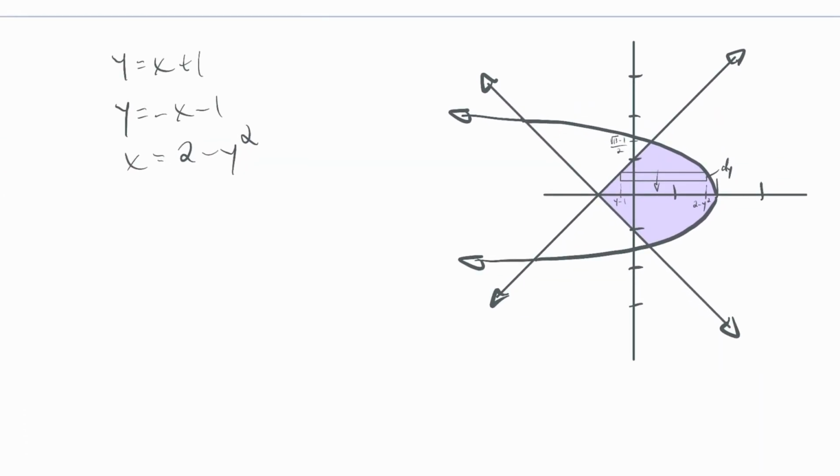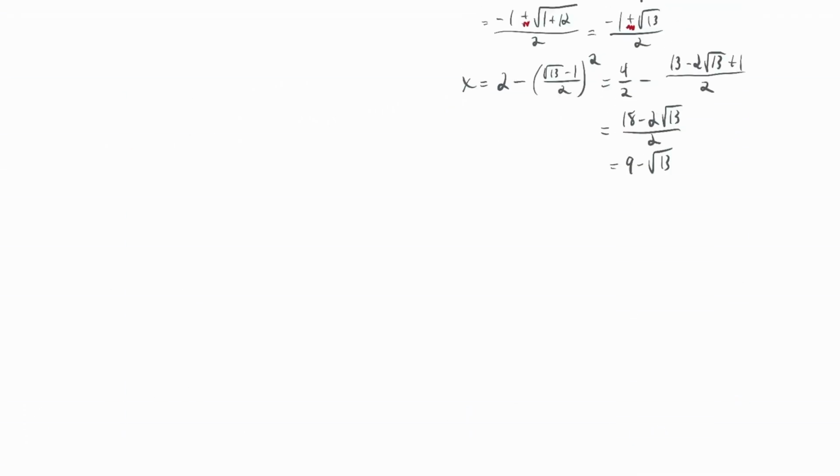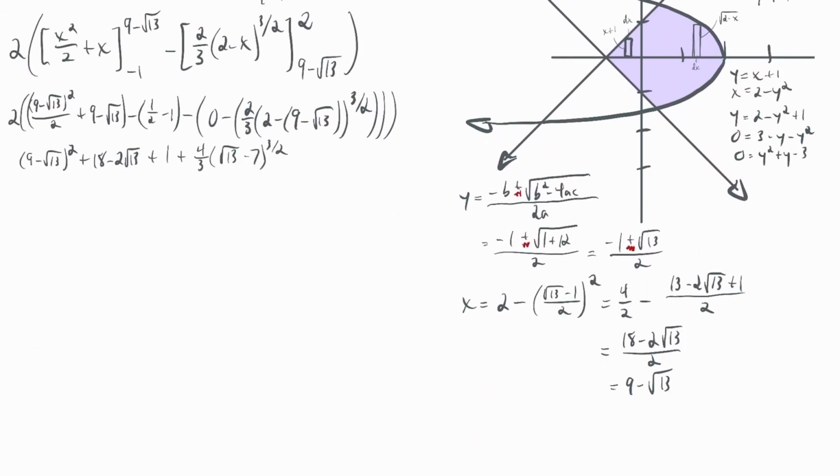We are ready to get started. So integral, and there's only one of them, from 0 to root 13 minus 1 over 2. It was minus 1, wasn't it? Yeah.